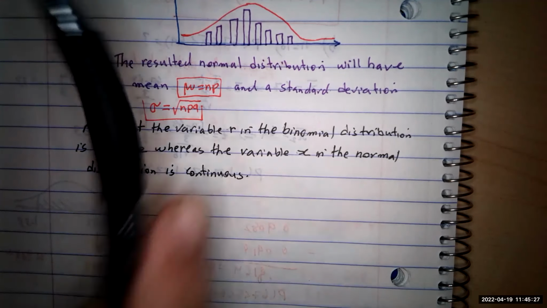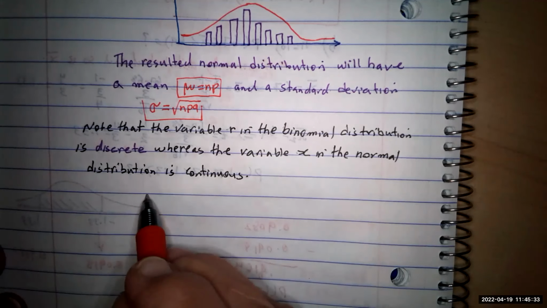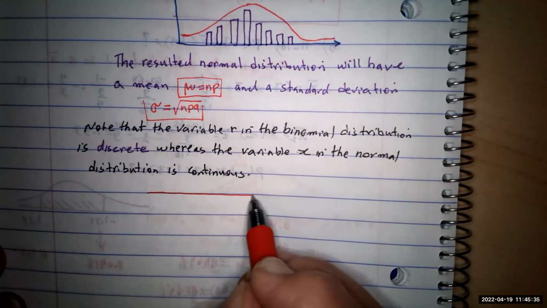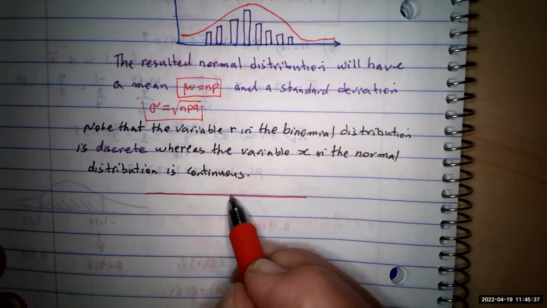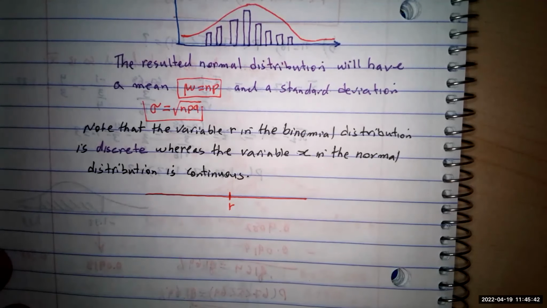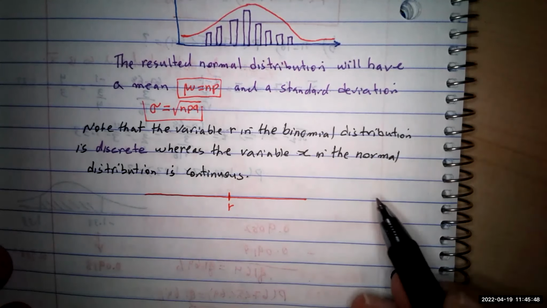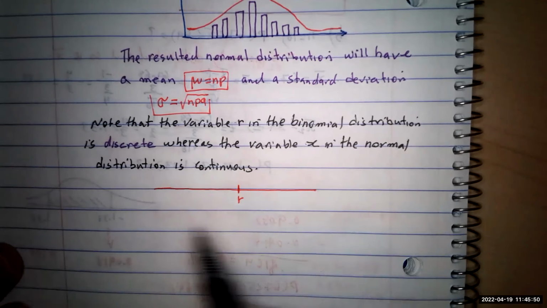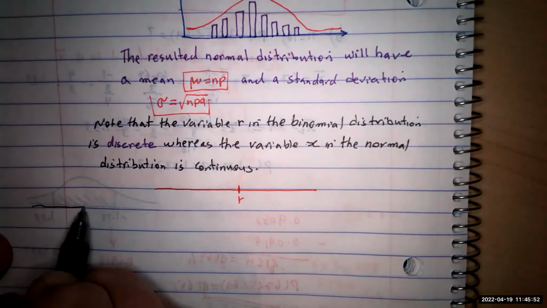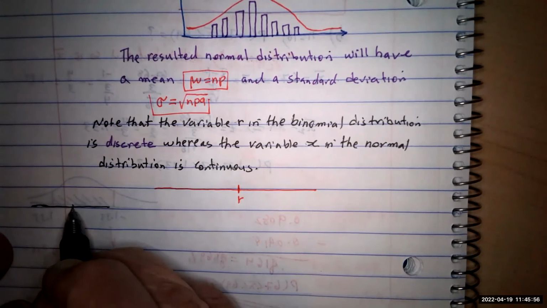See, in the first part, you have the R. You want to find the probability that R is equal to something. For example, suppose R is equal to 2.